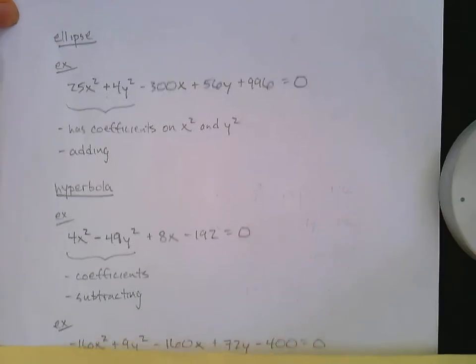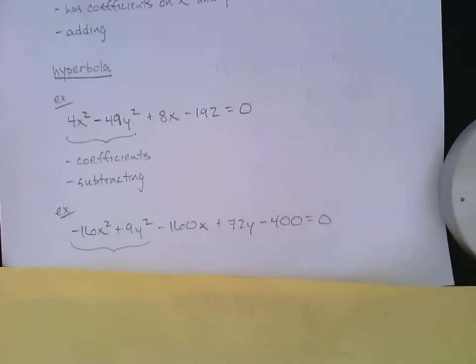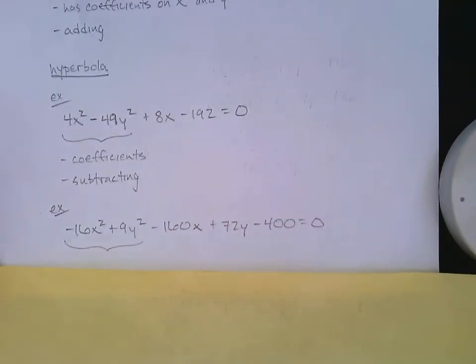And then I gave one more example. This is the one that we did in that last problem. Negative 16x squared plus 9y squared minus 160x plus 72y minus 400 equals 0. We have the coefficients on x squared and y squared. It's not subtracting, but that's a negative.